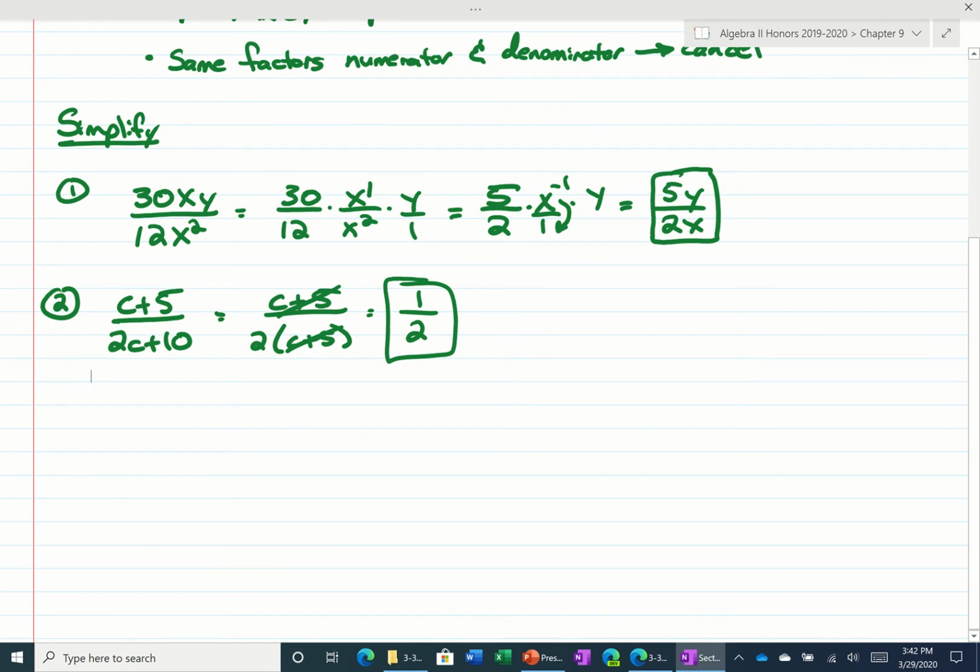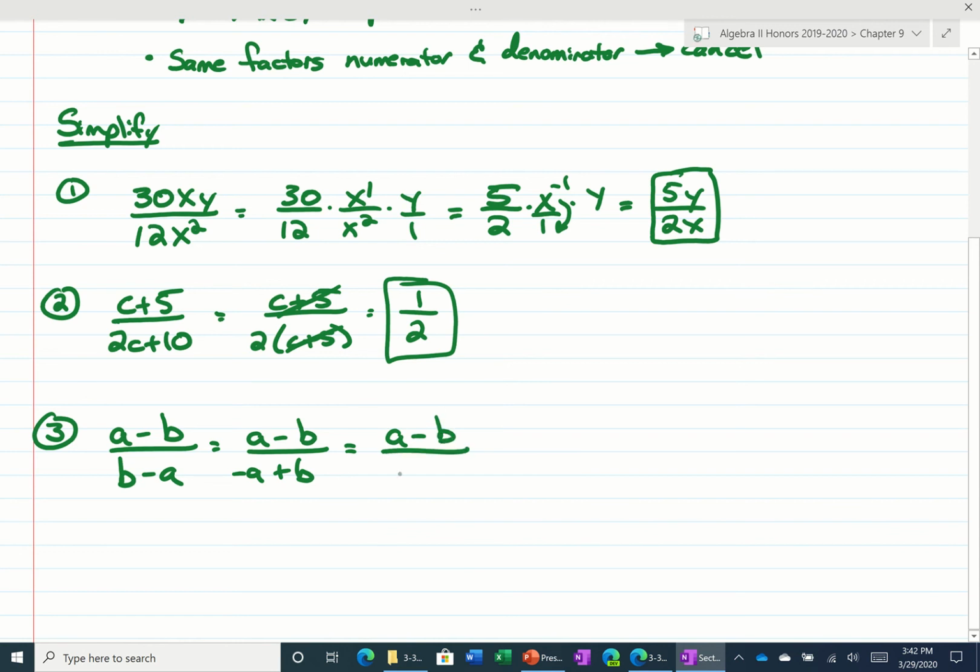All right, what if we had something like this? a minus b over b minus a. Now they look pretty similar. One thing we could do is we could rearrange them. And actually, if you see, the denominator has a negative 1 in front.